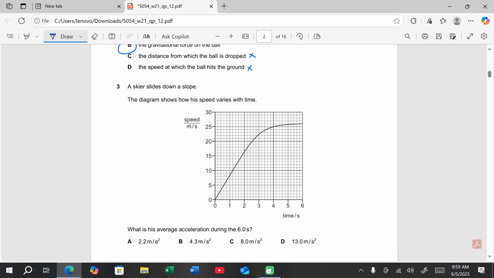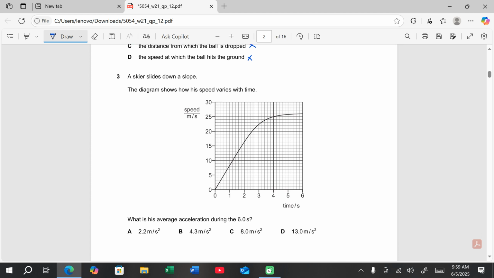A car slides down a slope. Which diagram shows how the speed varies with the time? Is average acceleration during the 6 seconds. So all you need to do is take acceleration at different points and then take average of that. Like for the first part, if you want to take acceleration of the first part, it is going to be these 2 points. This is a straight line, so I don't need to take a tangent of this.